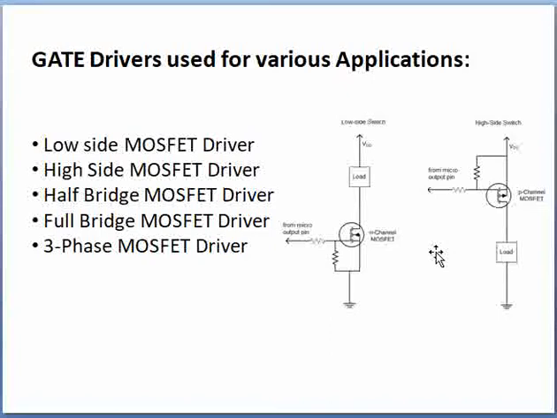So depending on the application, on how we are driving the end load and how the MOSFET configuration is, we will have different driver ICs available. It depends on the application that the designer is working on, and he has to select accordingly.